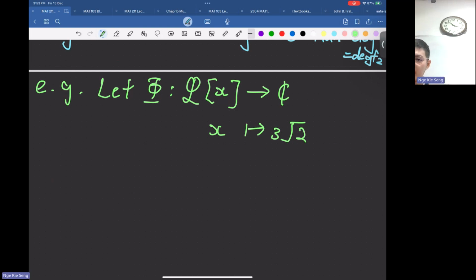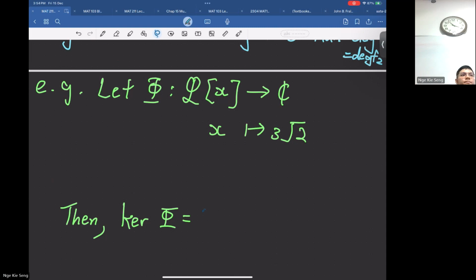What's the kernel of this map? What's the thing that gets sent to 0 under this map?